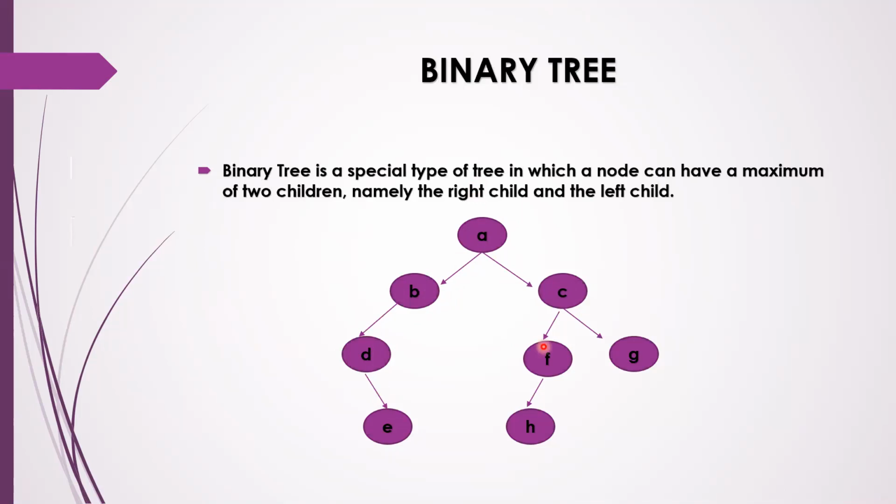Similarly, C is connected to F and C is connected to G and F is connected to H. As you can see, there is no intermediate connection between B and C, D and F, or E and H. If it is done like that, then it is not a tree. A tree follows a level by level structure, a hierarchy structure, where there is no intercrossing or interconnections.